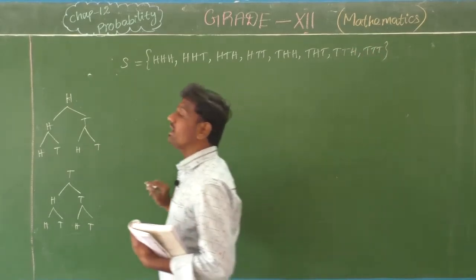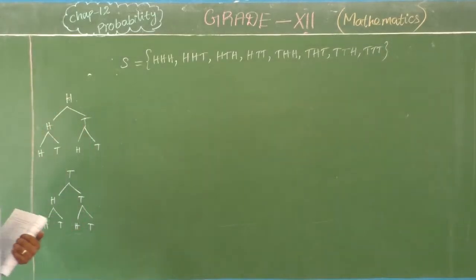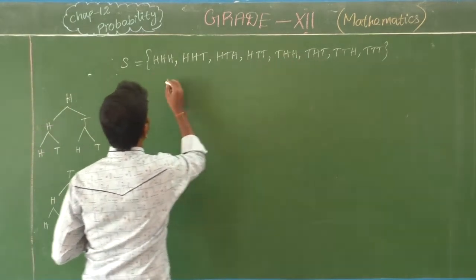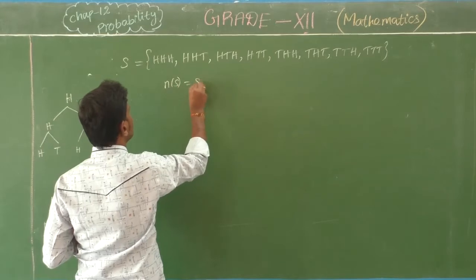Now how many outcomes are there in that sample space? 1, 2, 3, 4, 5, 6, 7, 8. So n(S) is equal to 8.